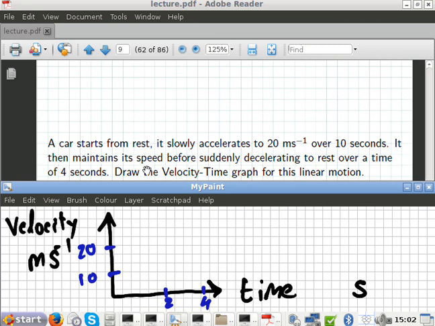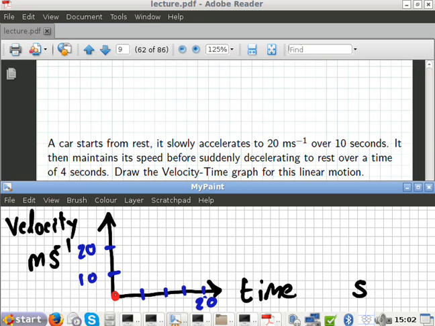So it starts from rest. It goes up to 10, so I need more than 2 and 4. So we'll say 5, 10, 15, 20. Okay.